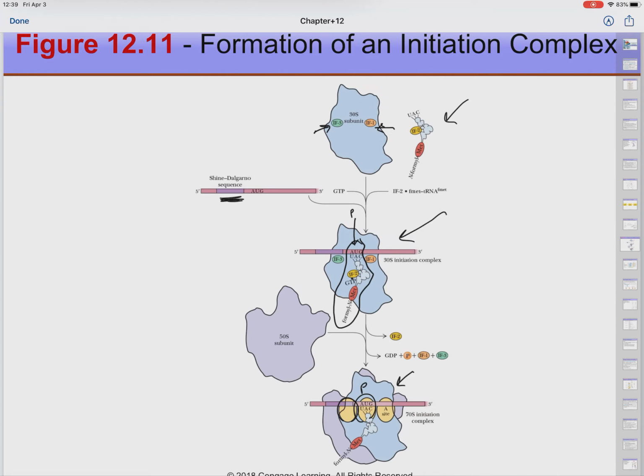And then the IF1, there's not a whole lot actually known about IF1. It's thought to just hold IF3 and IF2 in place, and also facilitates both of their jobs. So it helps IF3 keep the 50S subunit from binding prematurely. It also helps IF2 with the selection process of that initial tRNA.